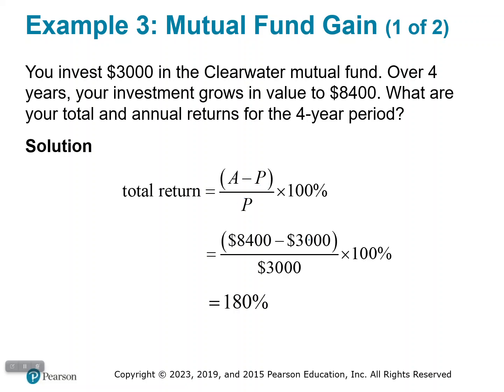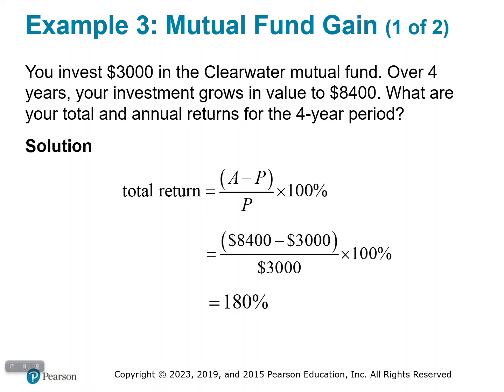So $8,400 minus 3,000, that's $5,400 that we gained, divided by 3,000. That is 1.8, times 100 is 180%.